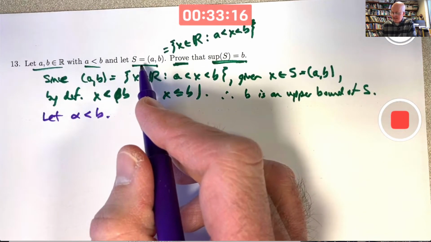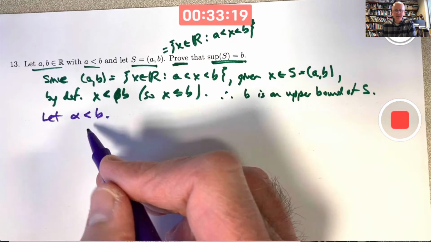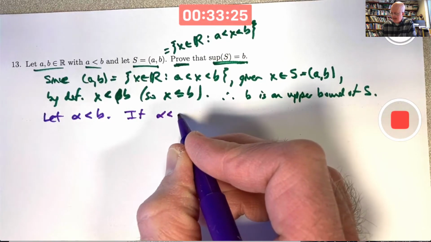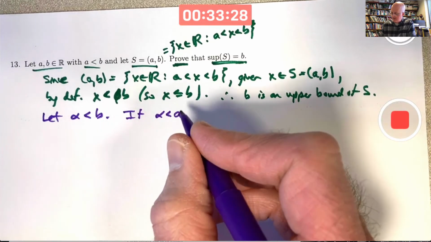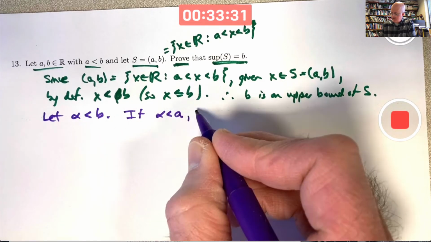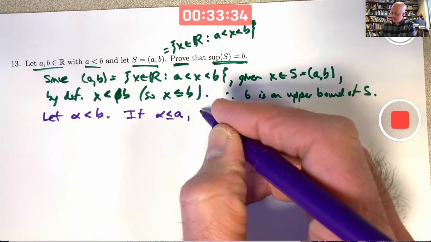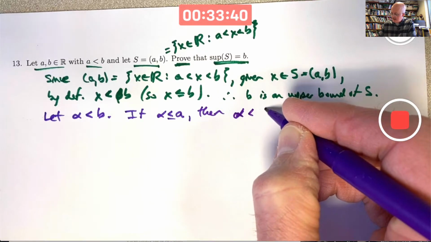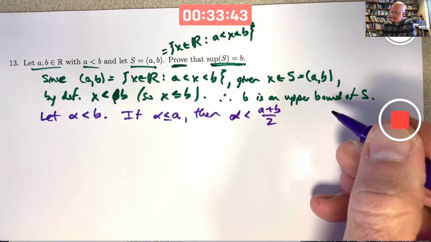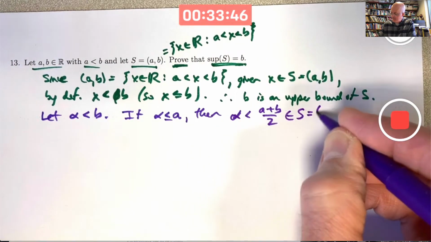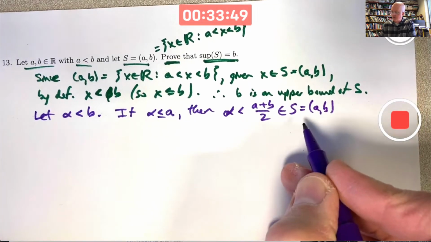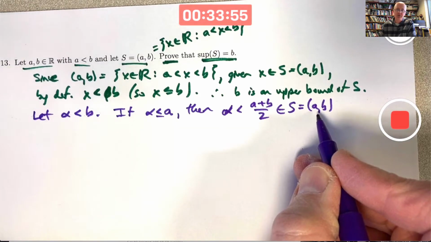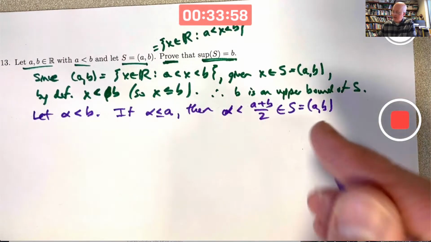Well, certainly if alpha is less than a, it won't be an upper bound of S. If alpha is less than a, in fact, you could say less than or equal to a, then, for example, alpha is less than (a plus b) over 2, the average of a and b, which is in S. Now, technically, you might say we need to prove it really is in S, that the average of a and b, the midpoint of this open line segment, truly is in S. I'm not going to take the time to do that.